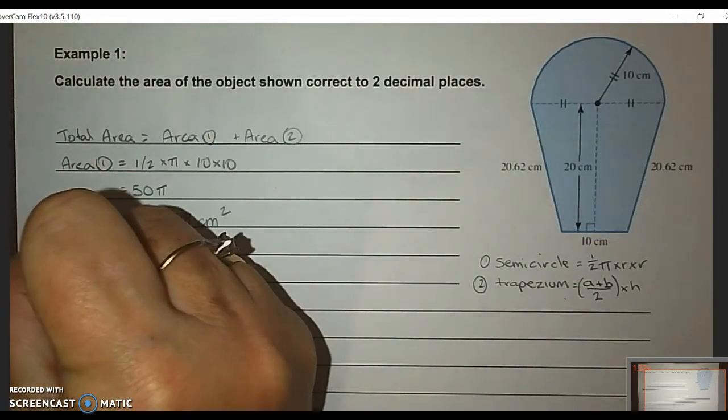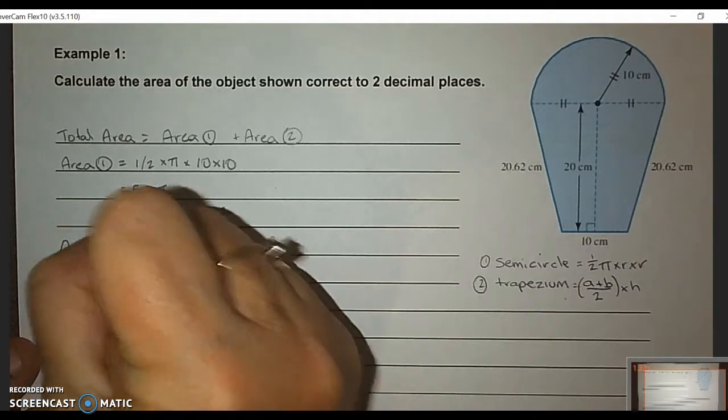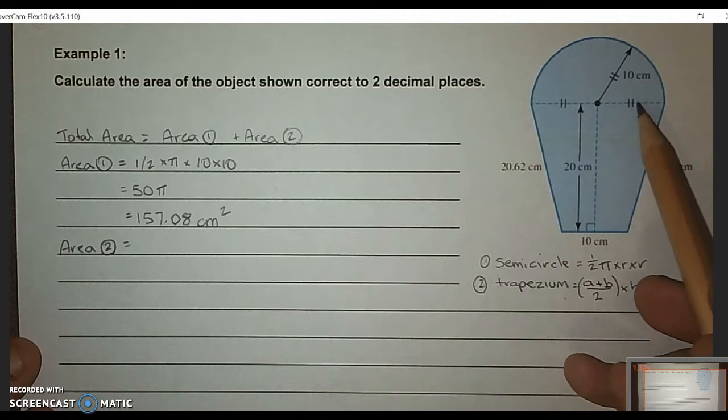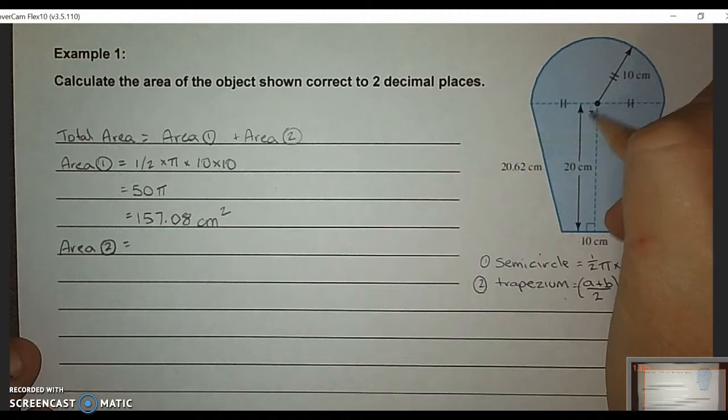So now we're going to work out area 2. And as I said, the formula for a trapezium is the top plus the bottom. Now, this is 10 and 10, so this length here is 20.